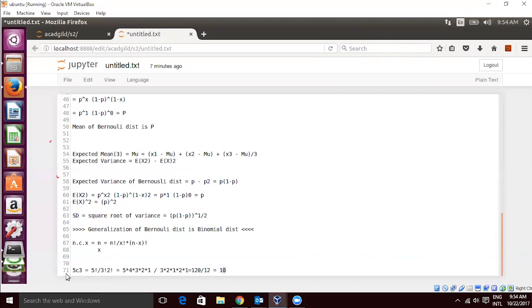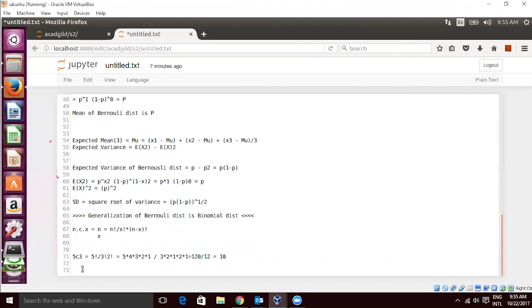So we have 5 trials. Out of 5 trials, what is the probability of getting 3 successes? Otherwise, let us put it like this: I have 5 trials. Let's take the same example, flipping a coin. I flipped the coin 5 times: first flip, second flip, third flip, fourth flip, fifth flip.